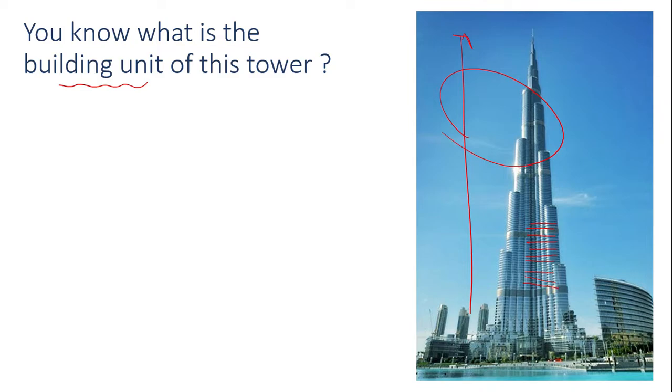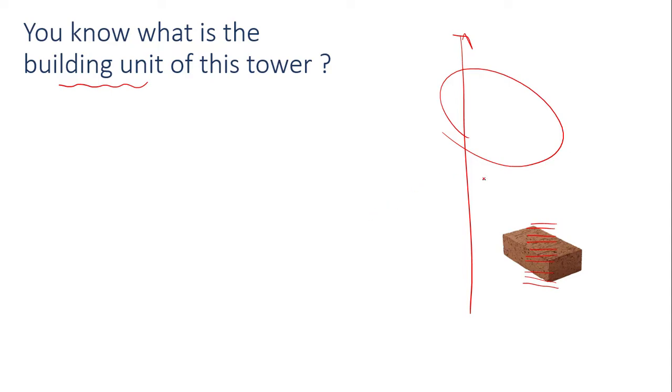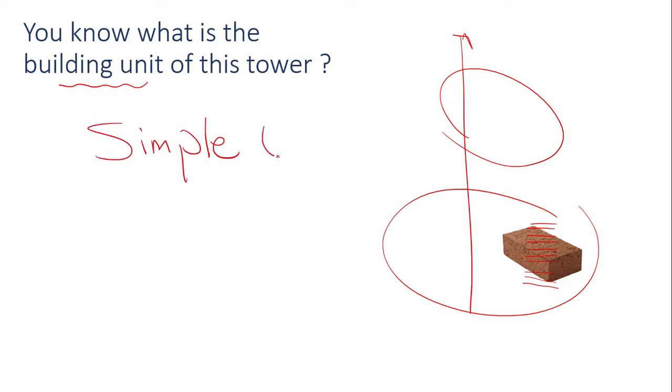So actually, if I take the simplest building unit of this tower, I'll find, yes, surprise, a simple brick. Whatever its size, everything must end with a very simple unit, something very small at the end, like a brick used for building our houses.